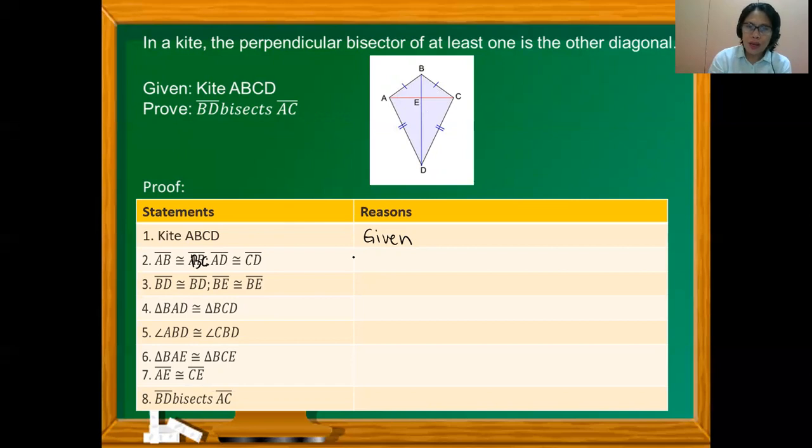So take note that a kite has two distinct sets of congruent adjacent sides.